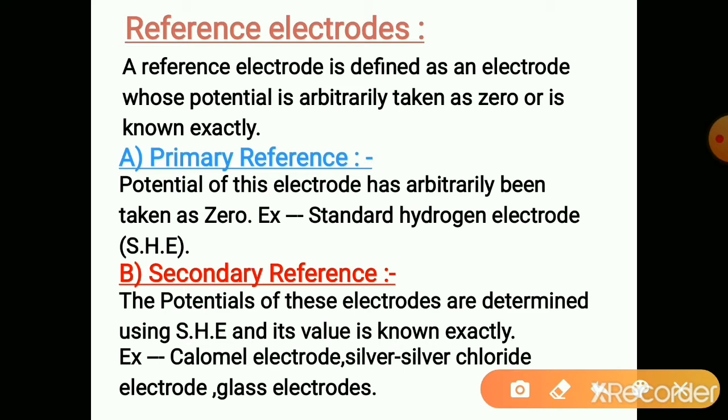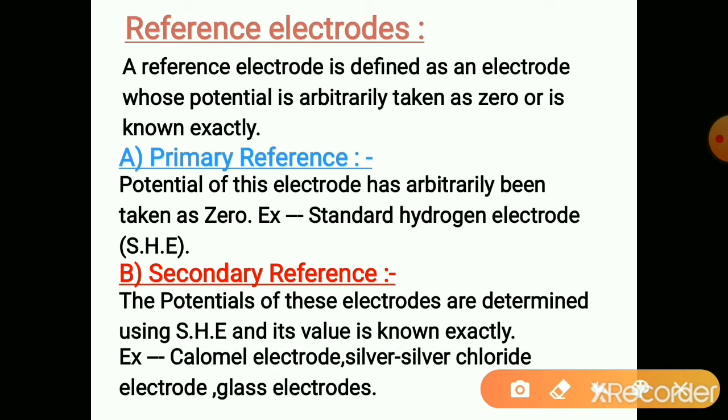It is therefore necessary to choose an arbitrary standard electrode as a reference point. It has to be assigned an arbitrary potential of 0 volt. The potentials of other electrodes are then expressed relative to the reference electrode.